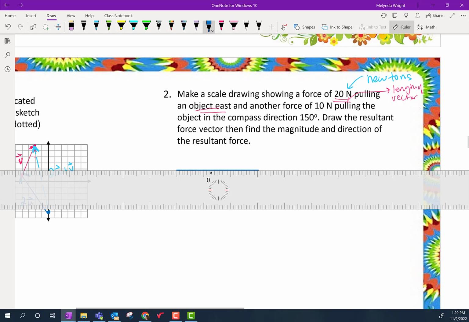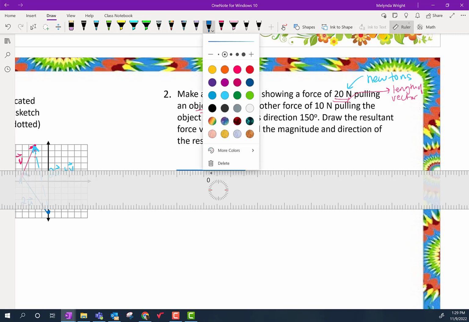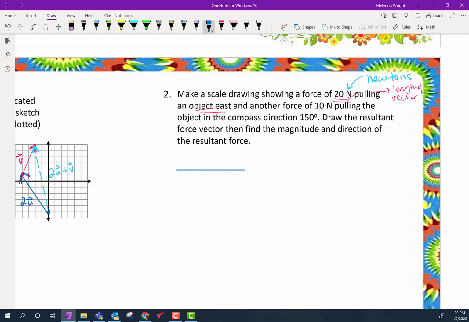Maybe you can help me with the size of it also. That's a great idea. It's hard to tell. So we'll make it like that. That's fine. A little bit bigger. So this is 20 newtons and it's pointing right because we're going east. Okay, so that's my first vector.